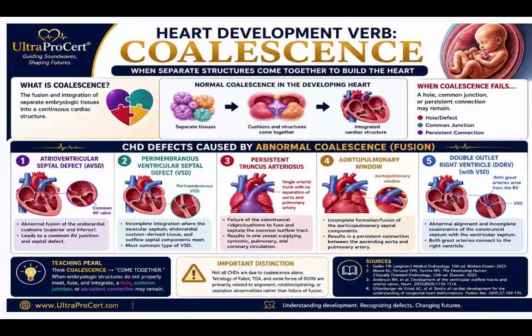So when you think about the merging of those scattered vascular spaces into that heart tube, they should come together. However, if they don't properly meet, fuse, or integrate, then a hole, a common junction, or a persistent connection will remain.